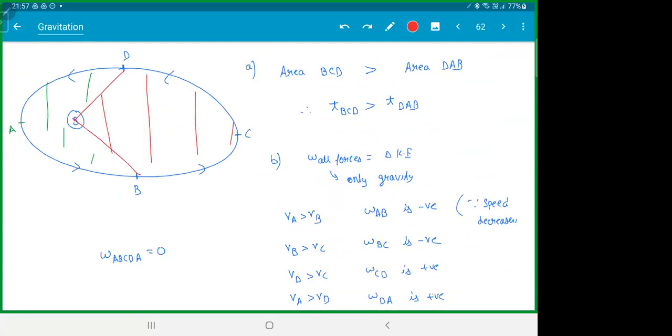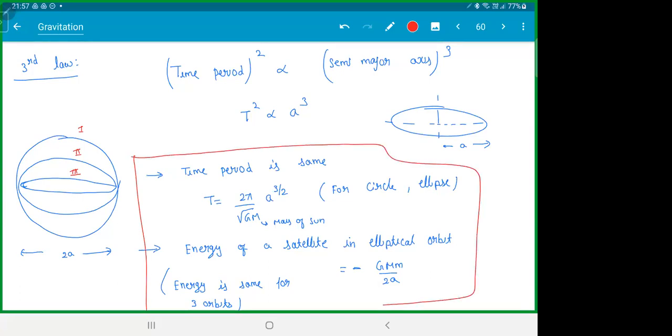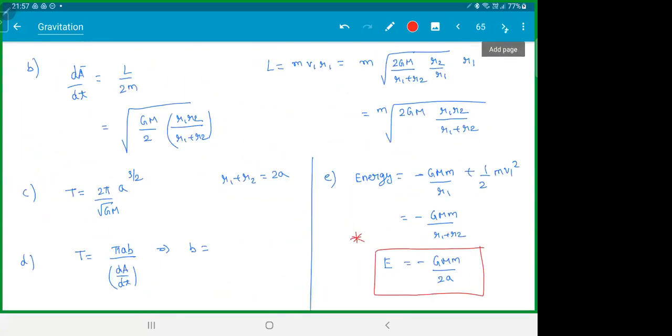I wrote it anyway here beforehand. This is the proof actually. You just need to substitute v1, v2 and you'll get it from there.